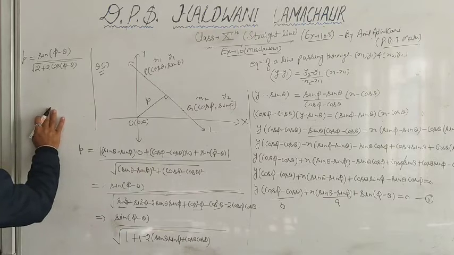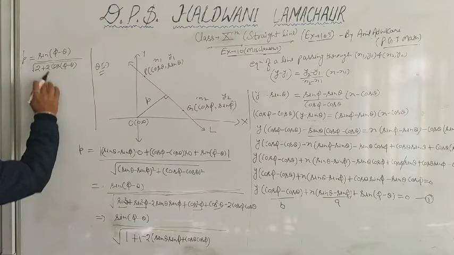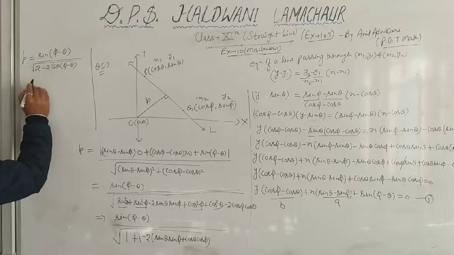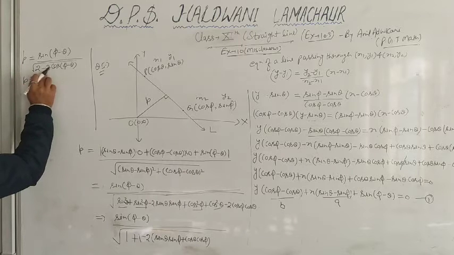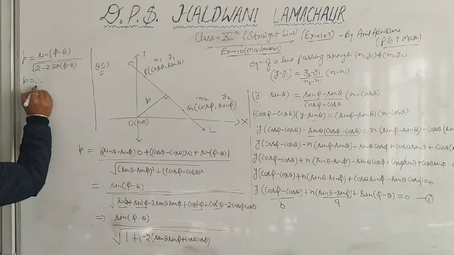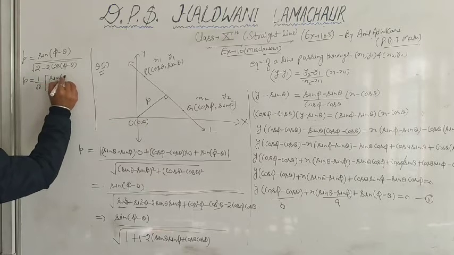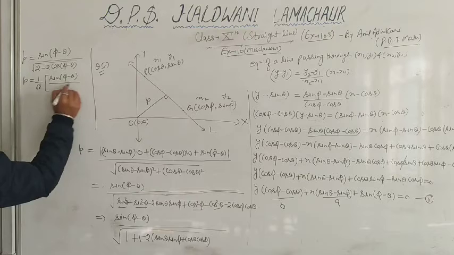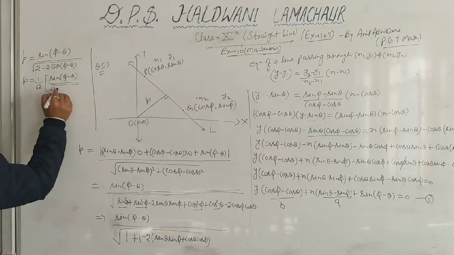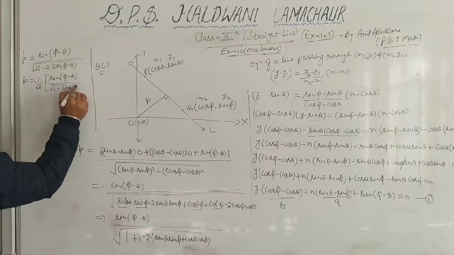Okay, plus is minus, right, and here is minus 2. Now taking 2 common, this will become 1 upon root 2 times sin phi minus theta upon root 1 minus cos phi minus theta.